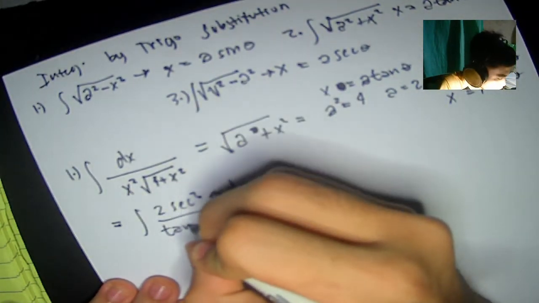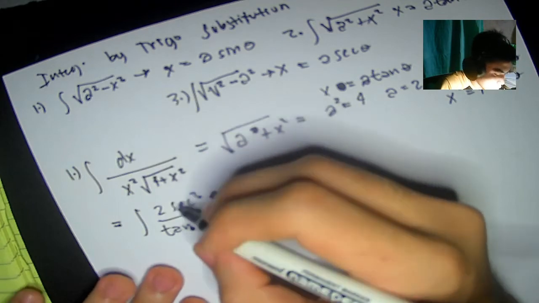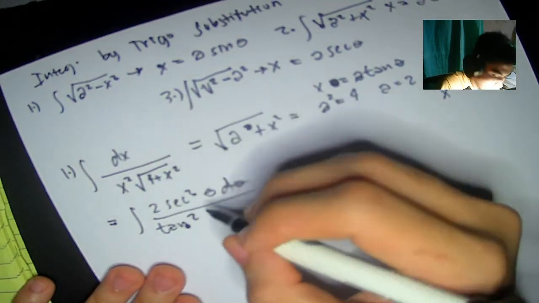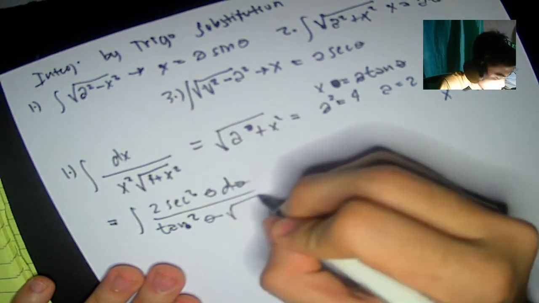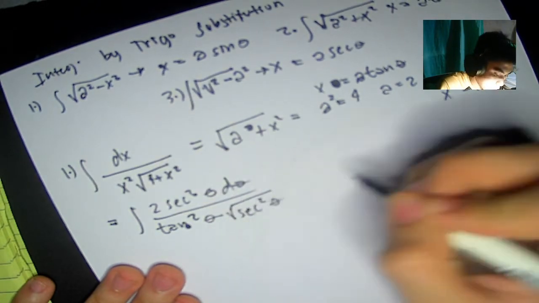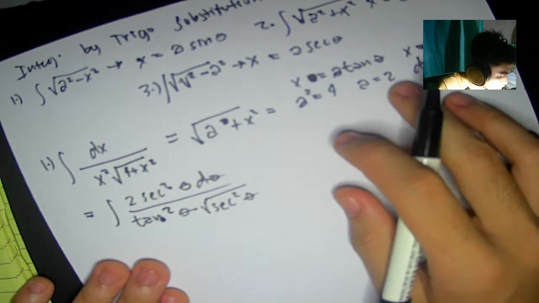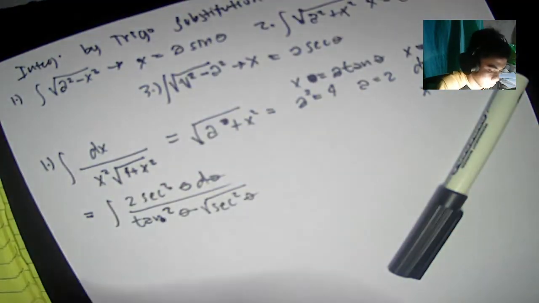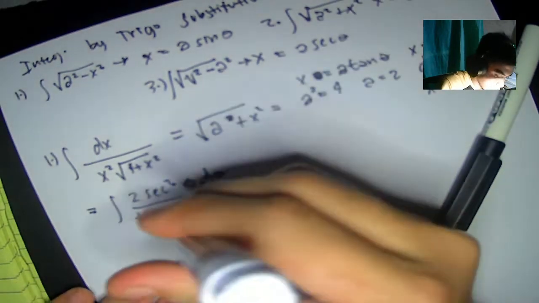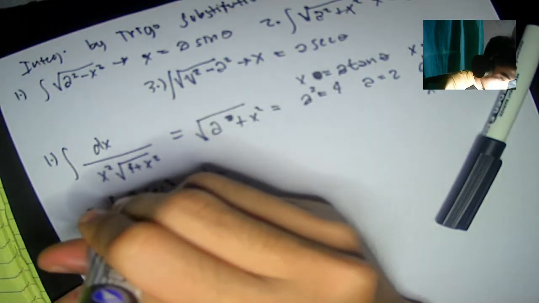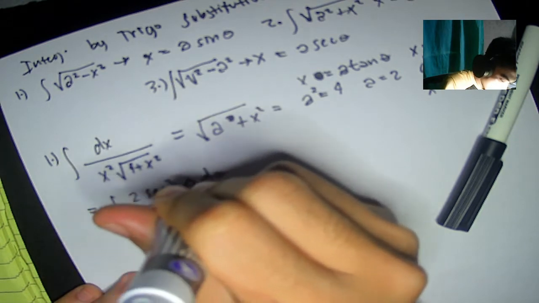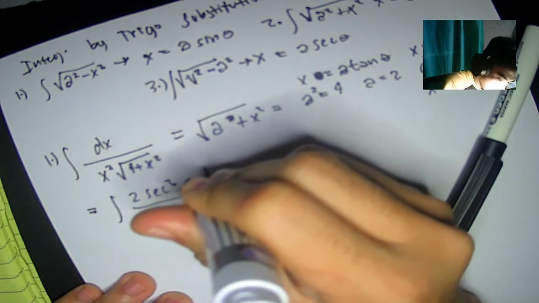Tangent squared, and tangent squared theta secant squared theta. Oh wait, I think I'm wrong here. I have my notes here on my side, so it's wrong.